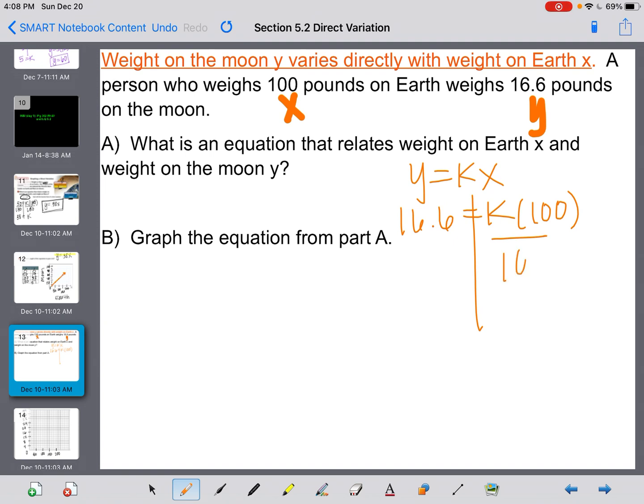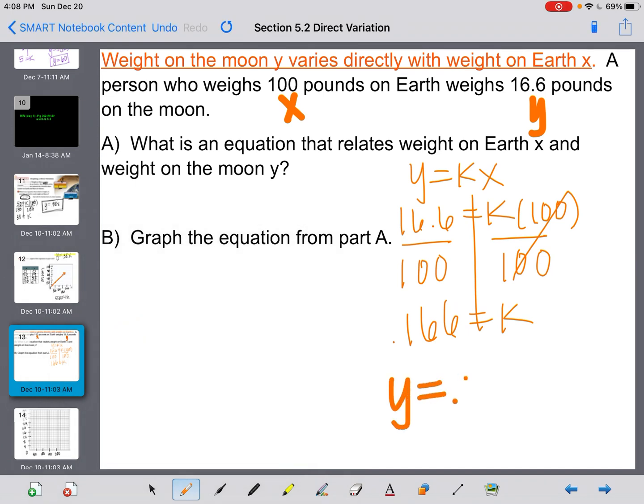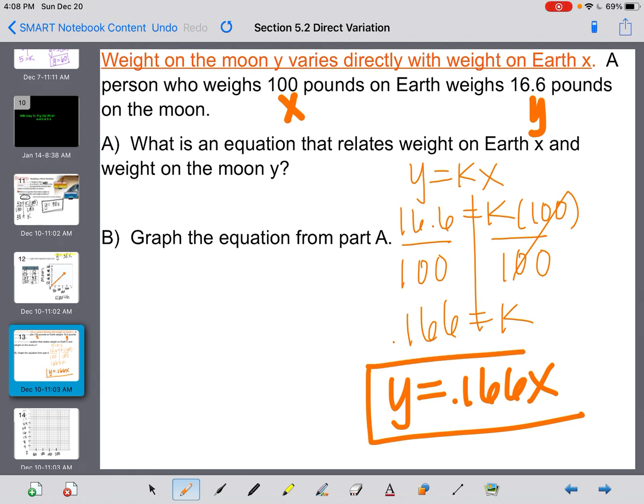So I'm going to divide by 100 to get that k by itself. And I find out that 0.166 is my constant of variation, leaving me with the equation y equals 0.166 times x. All right, so this answers the first question, what is the equation?